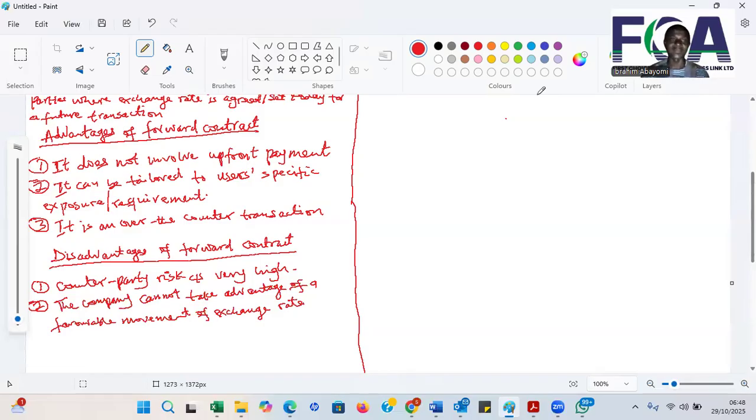So once you agree on a forward contract, you cannot take advantage of a favorable movement in exchange rate.